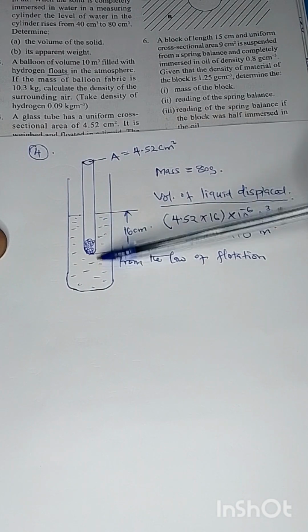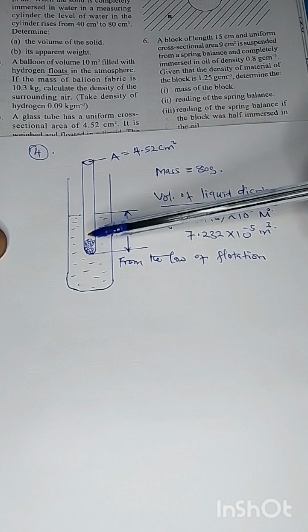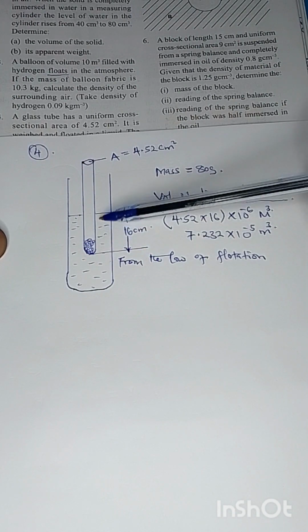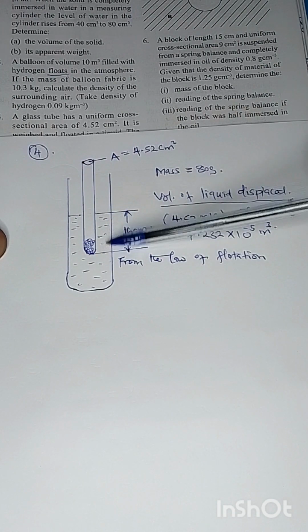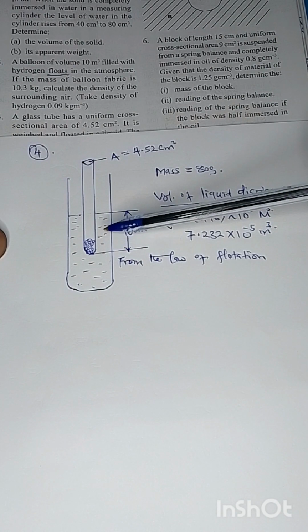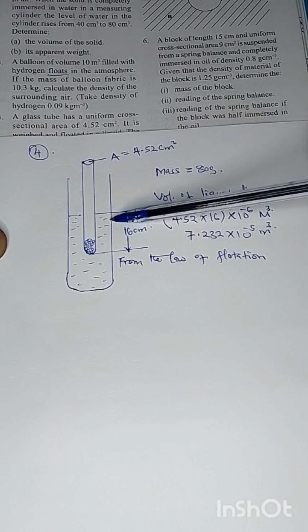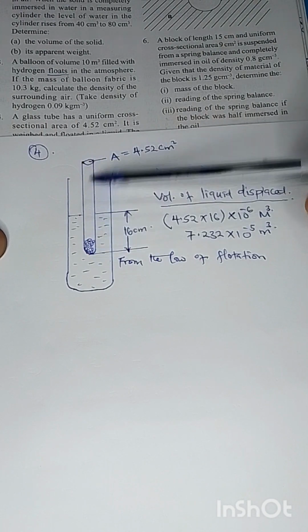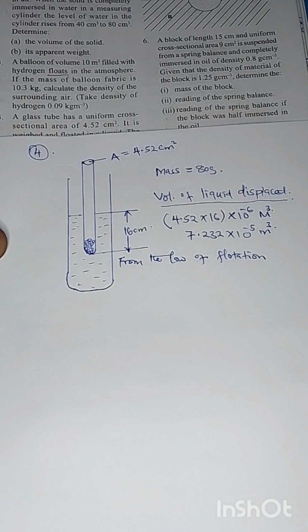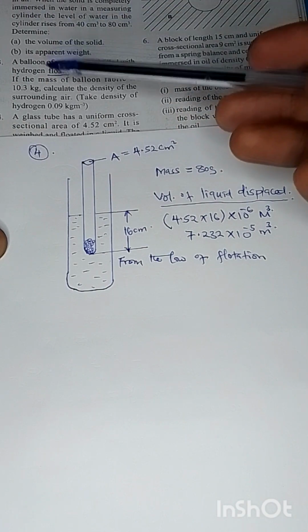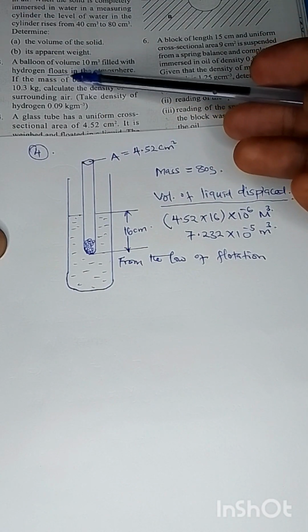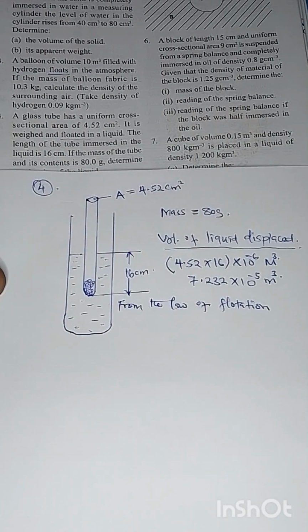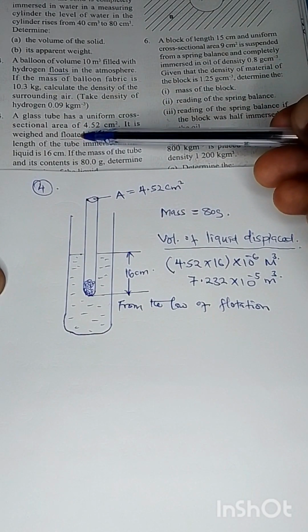So when I link the two, you'll agree with me that the weight of the liquid displaced here should be equal to the weight of this tube plus the content. That is according to the law of flotation. This is the equation.